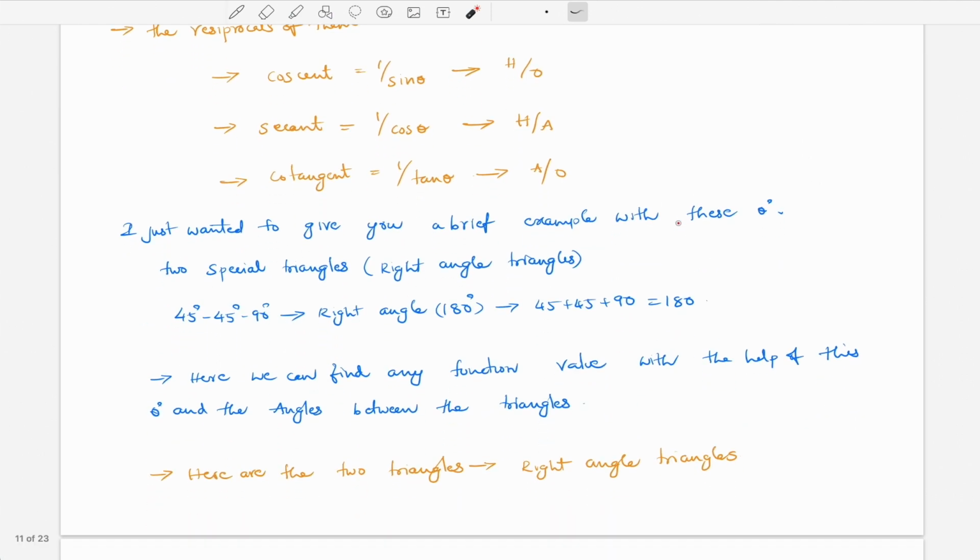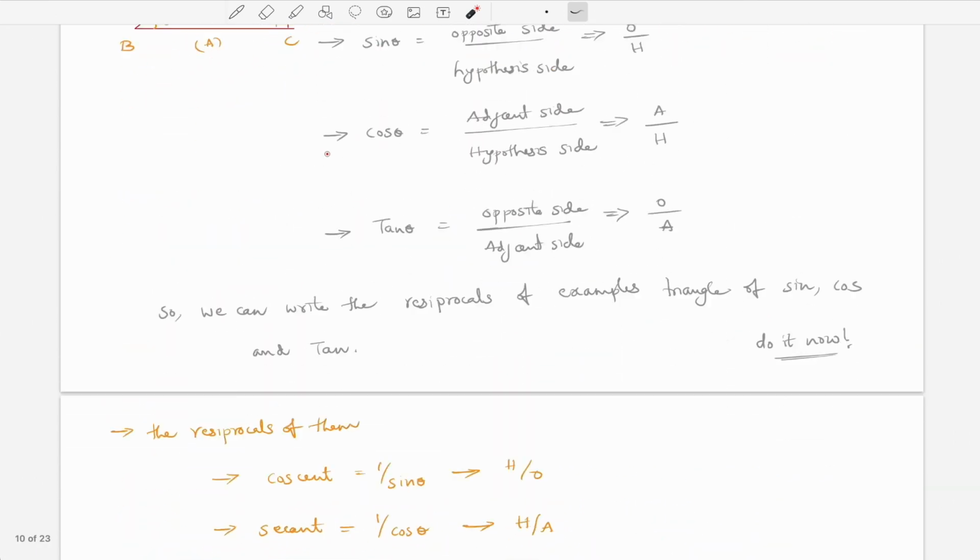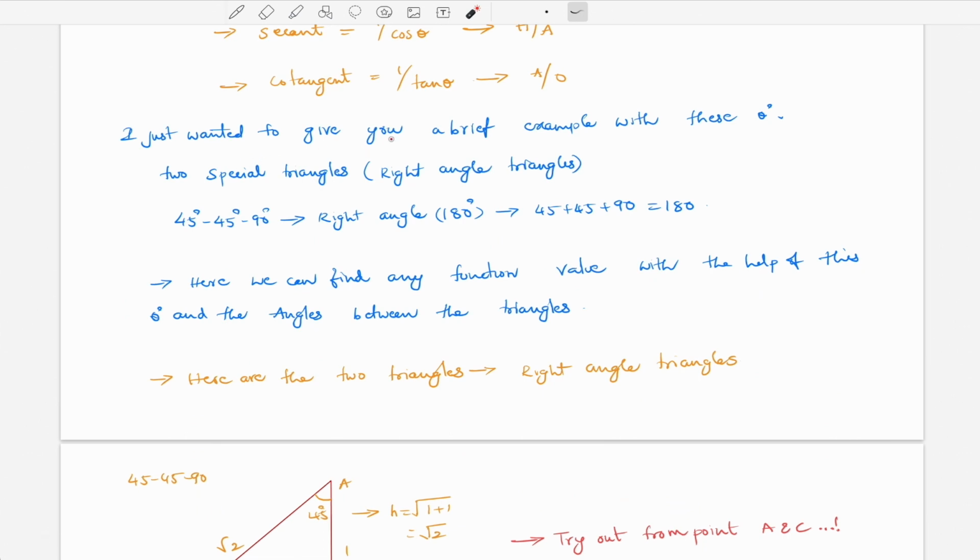So I hope you have a better intuition about these, what is the sine theta and how we find that. I just wanted to give a brief explanation about the thetas. We are taking the sine theta, cos theta. So what are these thetas? There are two kinds of triangles over here.